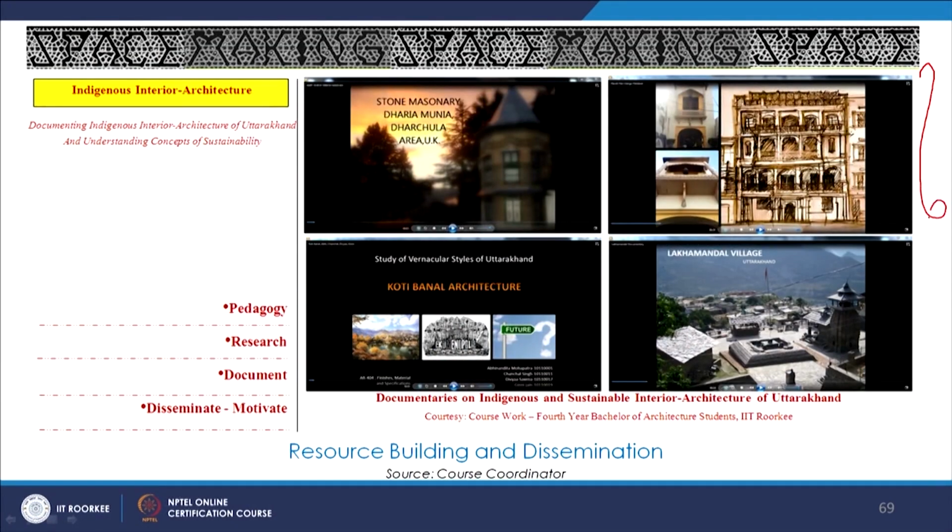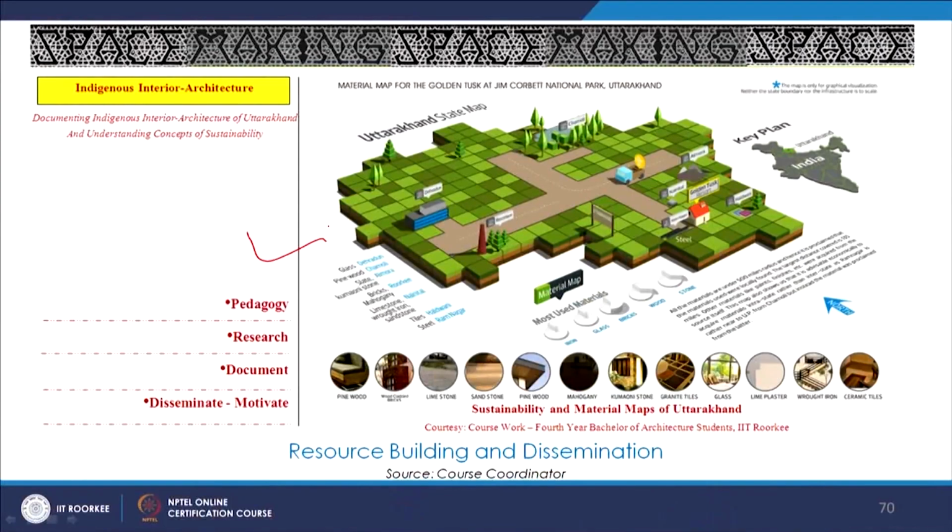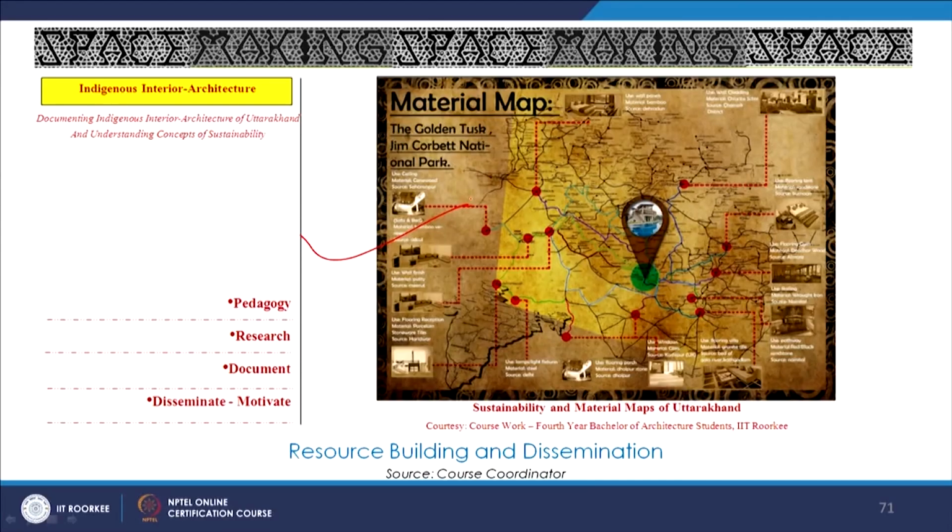And again, these were the documentaries which were made by students of 4th year, and they have really done some very nice work talking about the material culture, craft and interior architecture styles of Uttarakhand, and also creating very interesting material maps. Again, the different materials, where do they come from, and sustainability aspects and things like that. So a lot of work happens inside the studio, also through projects, and we try to really build up a rich repository and take care of the dissemination as far as possible.